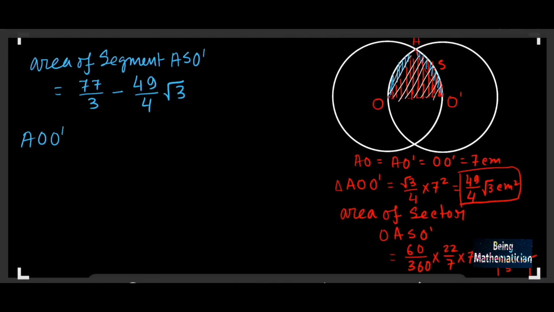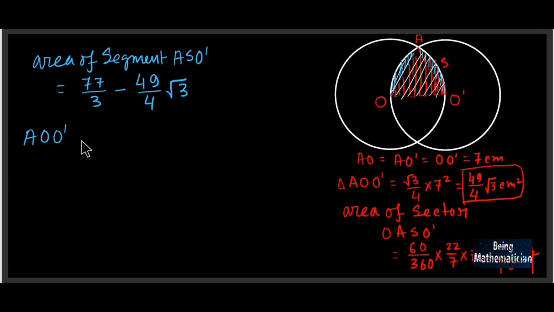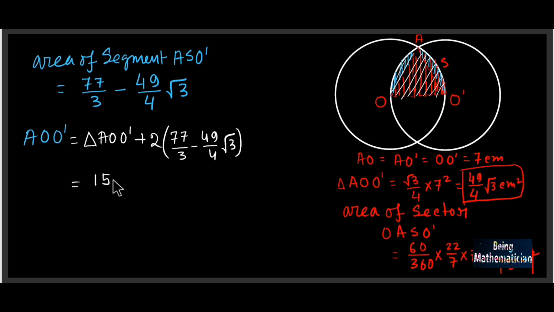Now let's find this area of AO dash, it is triangle AOO dash plus 2 into this segment, 77 by 3 minus 49 by 4 root 3. Now it simplifies as 154 by 3 minus 49 by 4 root 3.